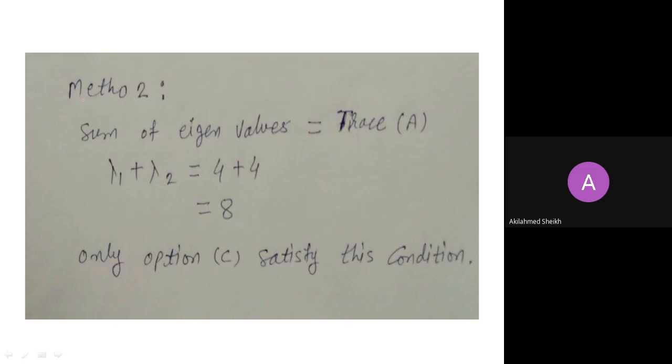Here, this is method 2. Sum of eigenvalues is equal to trace of A. Trace of A is nothing but the sum of diagonal elements.